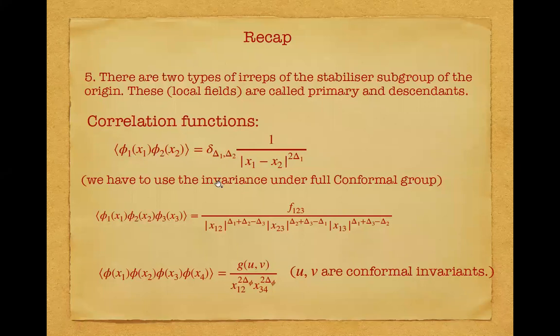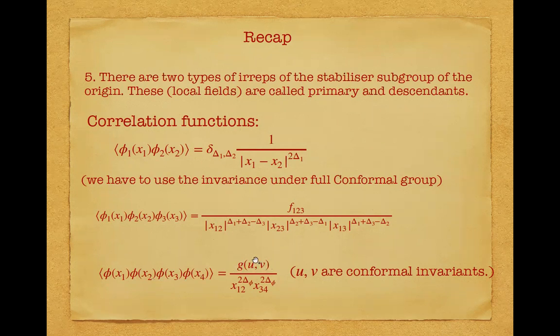Now we consider the 3-point function. The coordinate dependence was completely fixed up to a constant, which is called the OPE coefficient. Then we saw that the 4-point function was fixed up to an arbitrary function, which I wrote here as G. This is an arbitrary function of u and v, and u, v are the conformal invariants, the conformal invariant quantities that you can make out of these four points x1, x2, x3, x4.